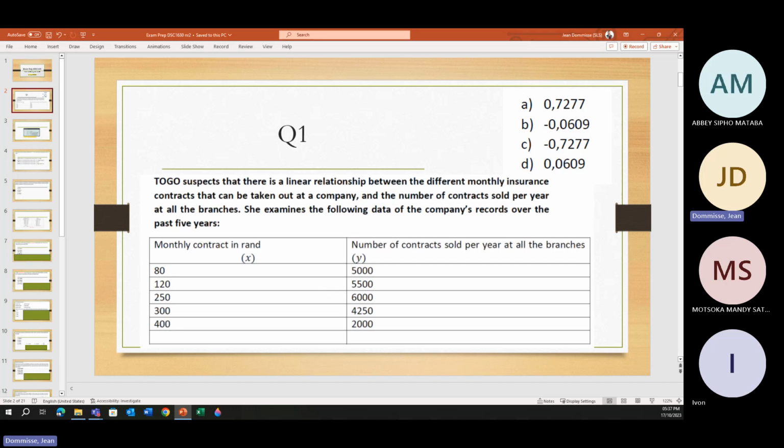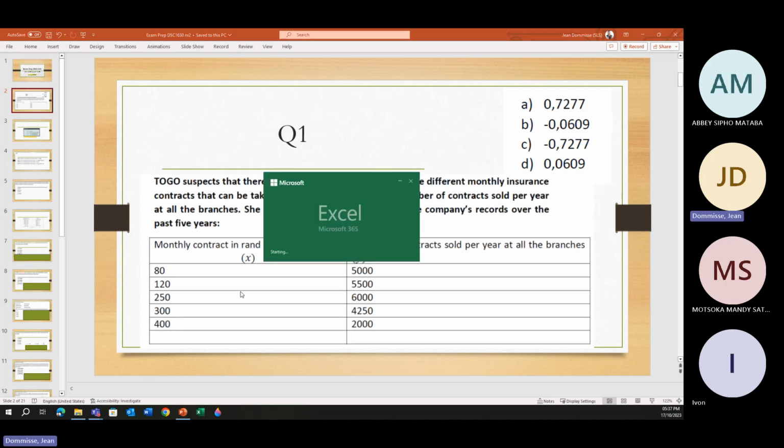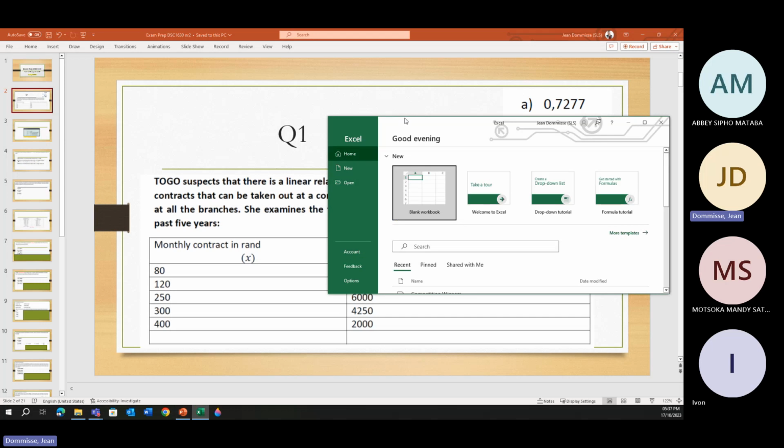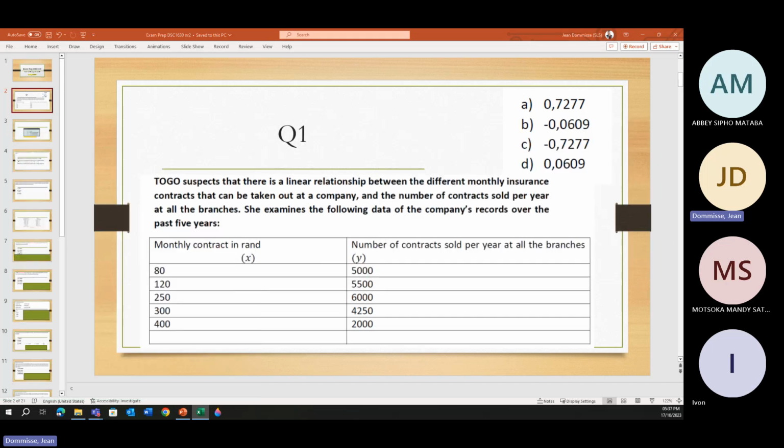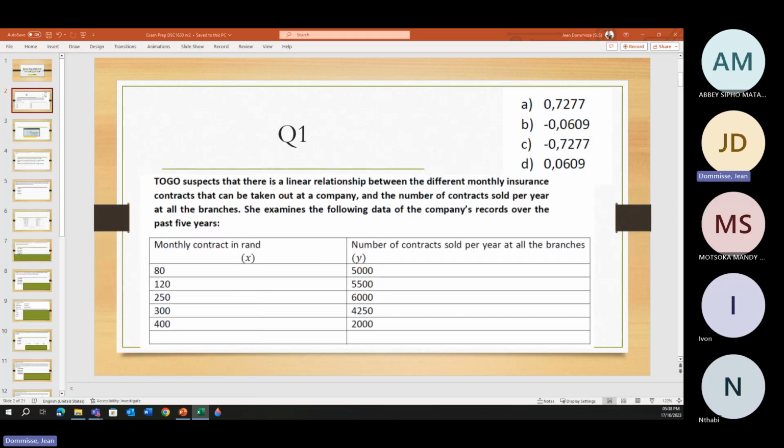But for this one, I thought I would rather use Excel. So I'm just firstly going to open it up here on my side, then I will bring it back to the big screen now.